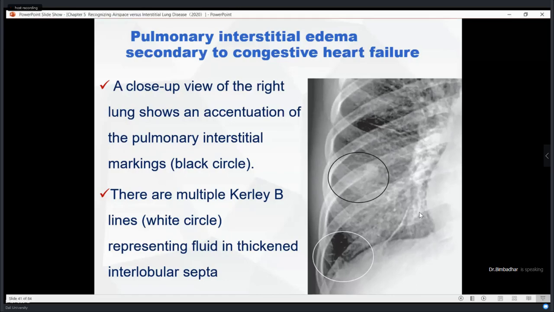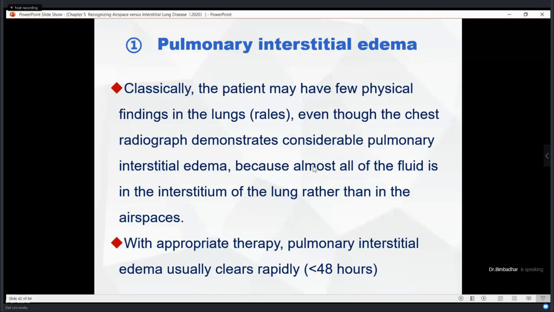Okay, nice. Now, how does this patient present? The patient presents with rales because all the fluid is present within the interstitium itself. If it is present in the air spaces, we would get crackles or bronchial sounds. But here you see they are rales.